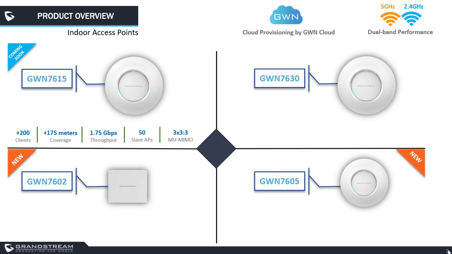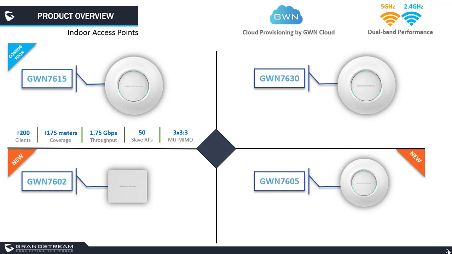So we start with the indoor access point. The first model is the GW1 7615, which is scheduled to be released this month, and we'll have these options. 200 clients and coverage of 175 meters and a throughput of 1.75 gigabits per second.